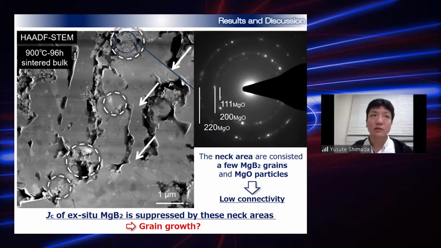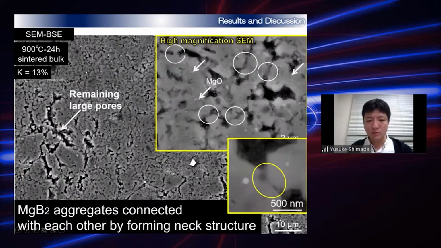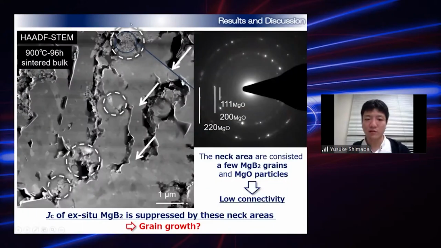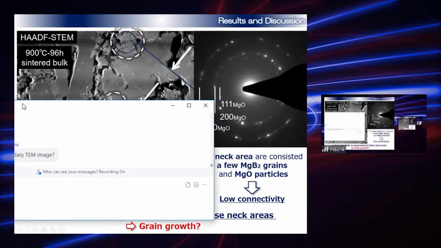So these MgO particles are distributed on the surface of the aggregates. Like here, maybe this particle is MgO, and this MgO concentrates in the neck area, forming this kind of area, I think. Yes. Okay. Thank you very much.